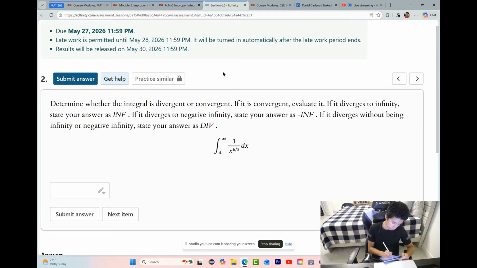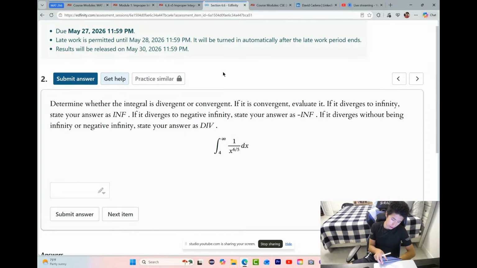So evaluating the integral quickly, the antiderivative. This is equal to x to the power of negative 6 over 5. And the antiderivative of that, sorry, negative 6 over 5, you add 1 to that.